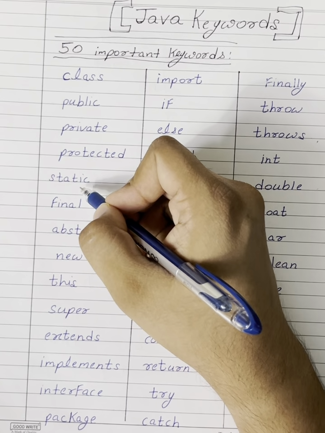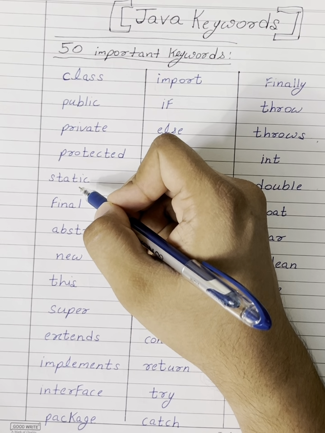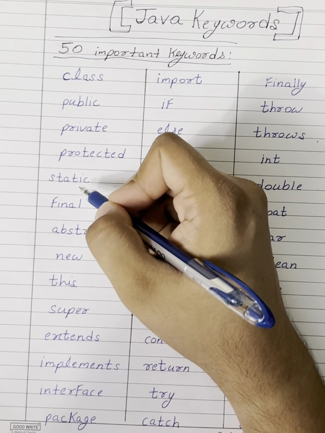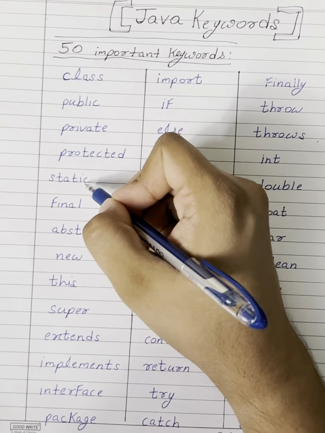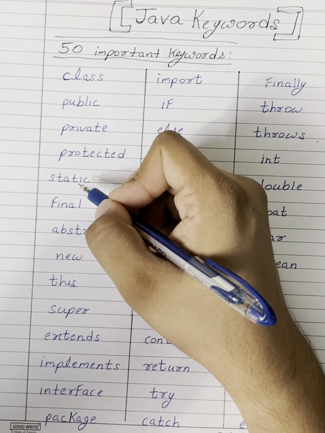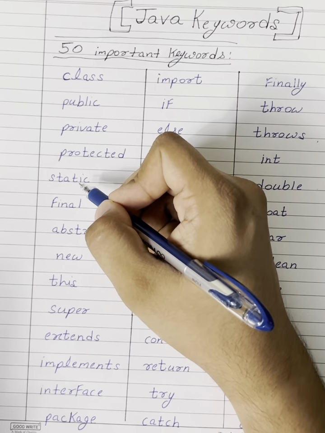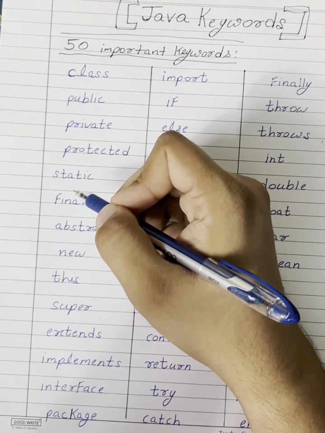Next is static. This keyword indicates that a variable, method, block, or nested class belongs to the class rather than to individual objects.